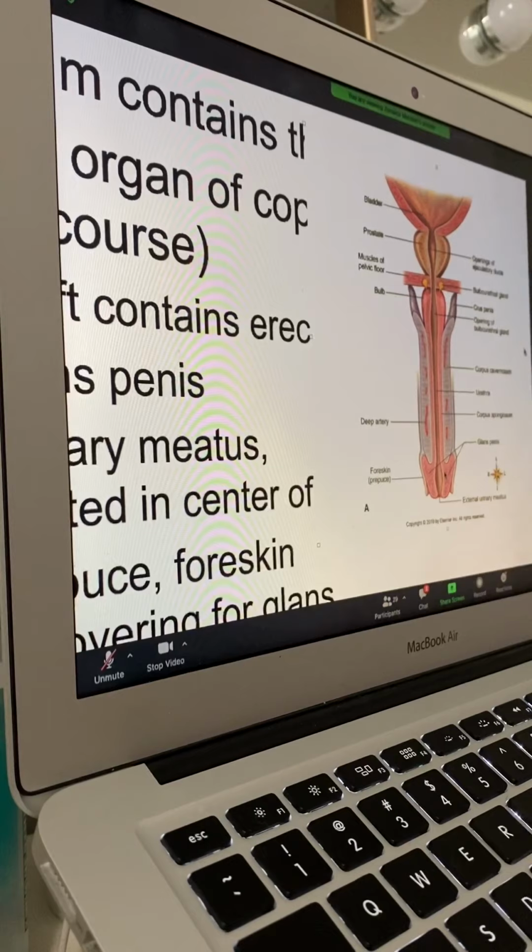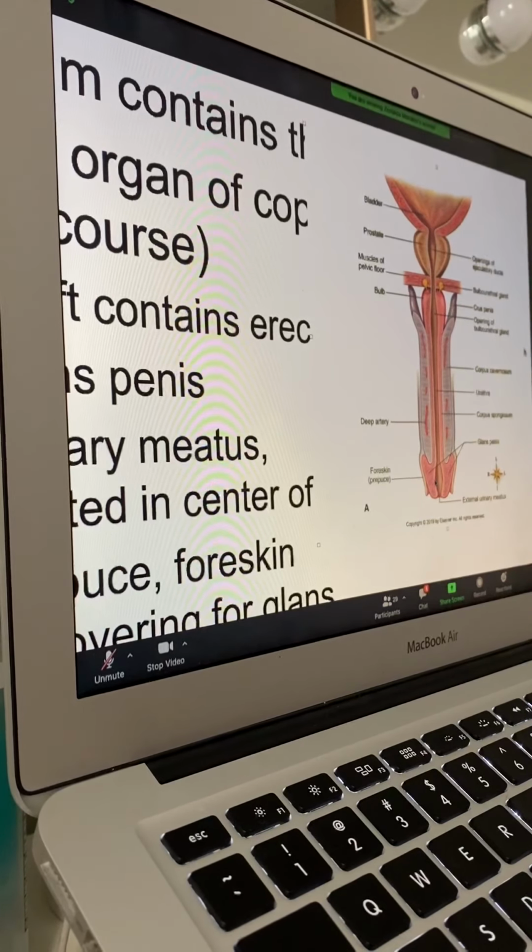And then almost at the tip of the penis, you have the glans penis. The glans penis secretes sebaceous secretions, and it needs to be cleaned for hygienic purposes. There are some males that are not circumcised, and if they pull up the skin, it is called the foreskin or the prepuce.